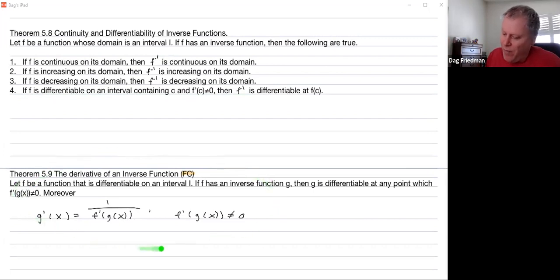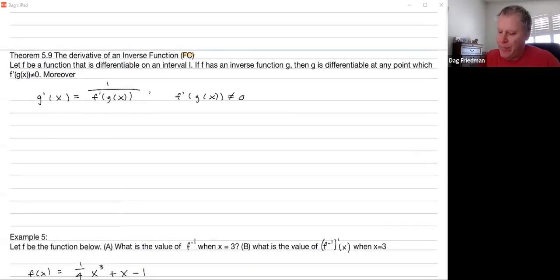This is the big part. Now I want to talk about what's going on here, because this idea isn't so bad. It looks really bad, like a flashcard that looks bad, but it's not. Let's say I have two functions, one function f and its inverse.